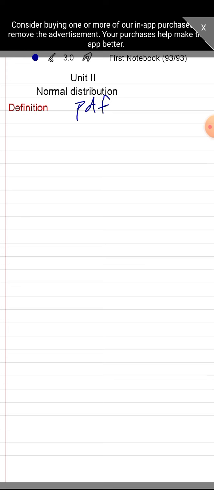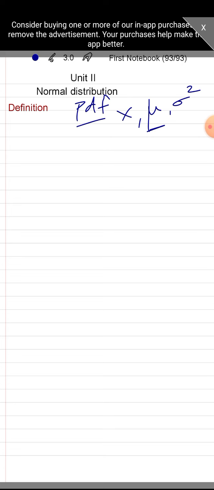So when x is said to be a normal variate, okay, with the parameters mu and sigma square, here mu is said to be mean of the normal distribution, and sigma square is said to be variance of the normal distribution.